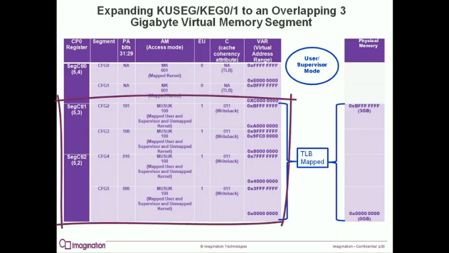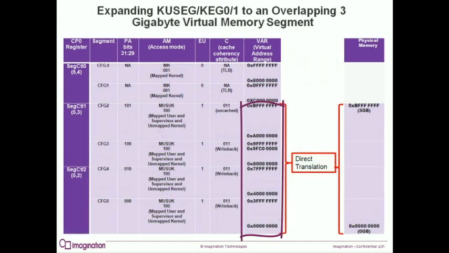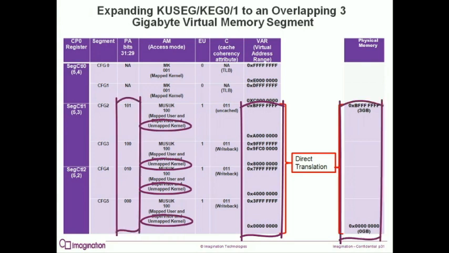It configures a virtual memory from 0 to BFFFFFFF as the first 3 gigabytes of virtual memory accessible in user and supervisor mode as a mapped region. For the same virtual range, it sets up kernel mode access as unmapped and directly translated to the lower 3 gigabytes of physical memory.